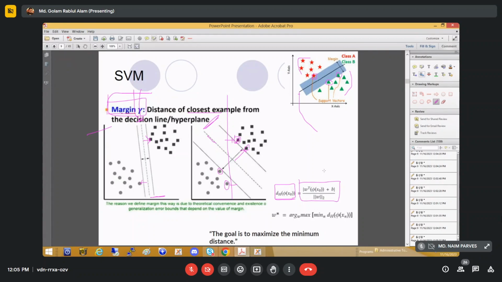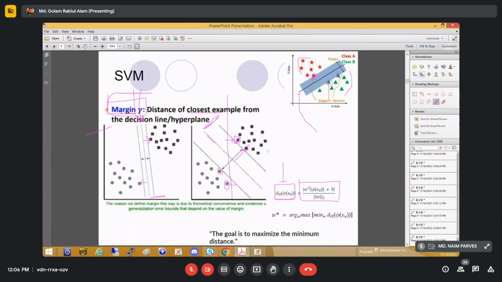At this moment, consider that it is X. Sometimes we need to transform the data points into a new space, that's why phi is given. It is a transformation function. In this case, no transformation is needed, we just use whatever we have. So this is W transpose X plus B, and then the norm of W. So this is our distance.